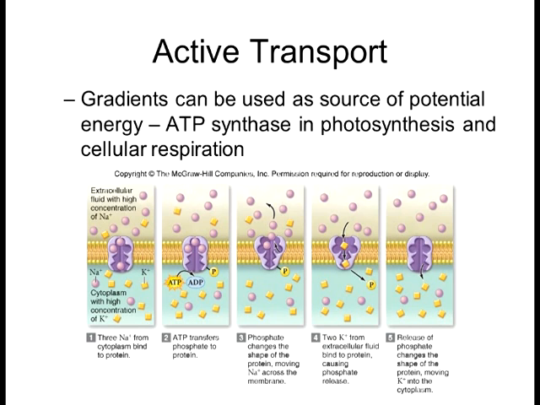This one requires energy, like ATP, for that to occur. This one, no ATP is required because it naturally occurs from a high to a low. So that's how your muscles work. Every time your muscle contracts, that's facilitated diffusion of calcium. Every time your muscles relax, that's actually using energy.